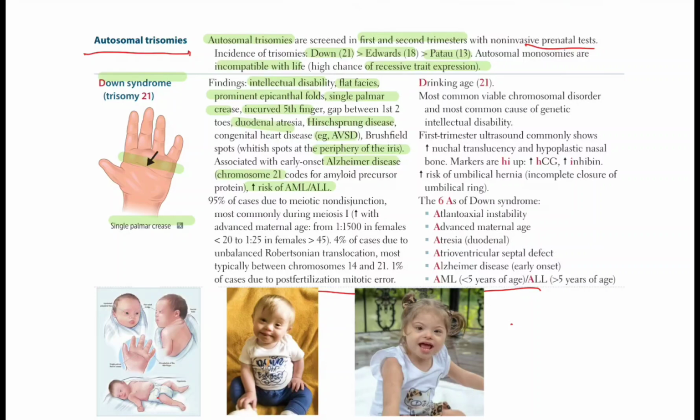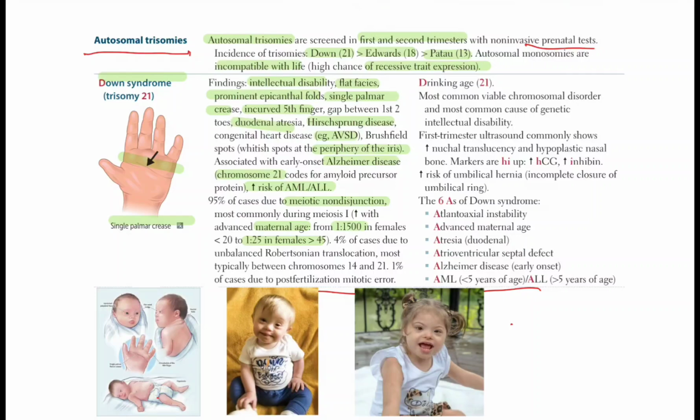95% of cases are due to meiotic nondisjunction, most commonly during meiosis 1. It increases with advanced maternal age, from 1 in 1500 in females less than 20 to 1 in 25 in females more than 45.